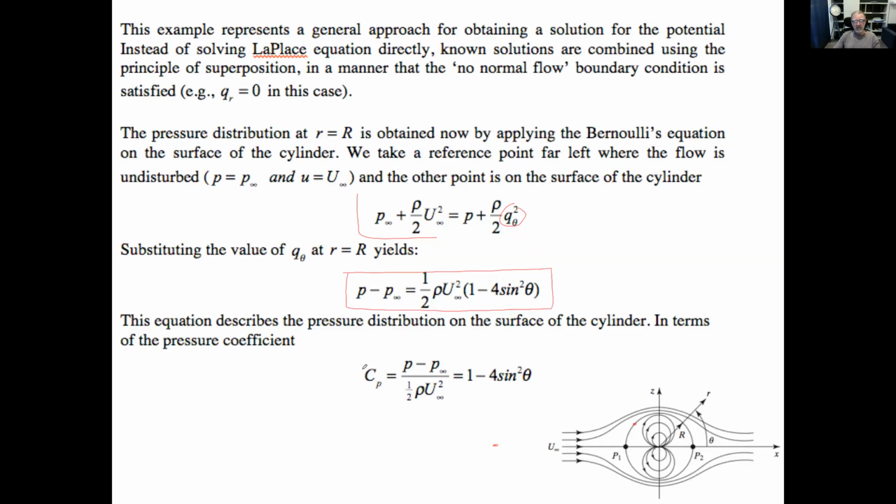And Cp, we define as the pressure coefficient, which is the pressure difference. And then what I pointed out is that if sine theta is 0, it's actually 1, and then it ends up with a minus.